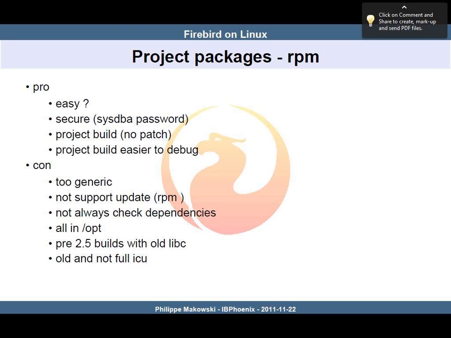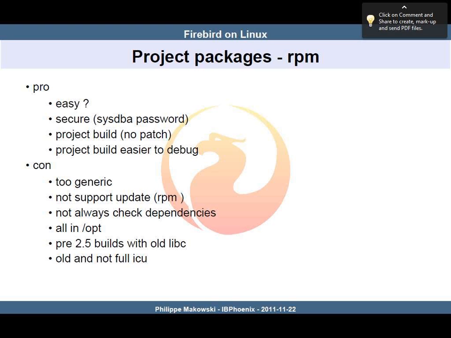It's not masterkey by default. It is built by the project, so no additional patch. And then it's easier to debug if needed, because it's built by the project and you can get the debug symbols easily, and you know which exact version you use and how it was built.